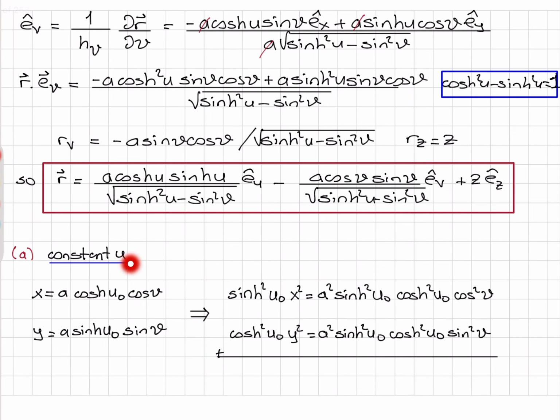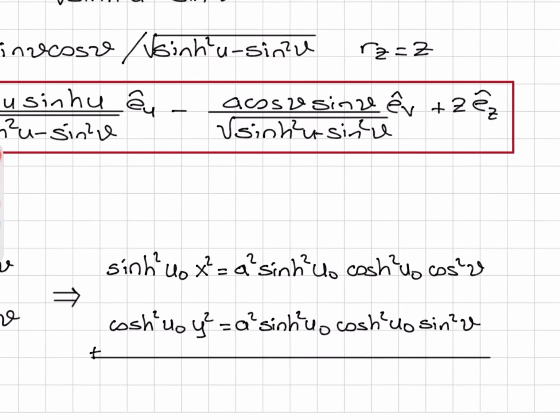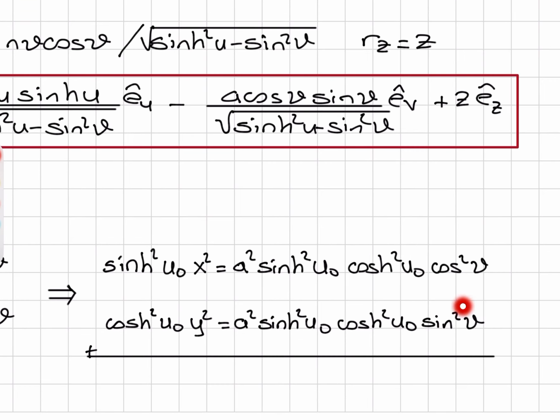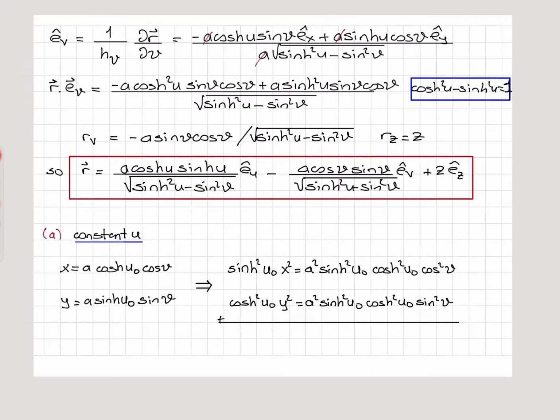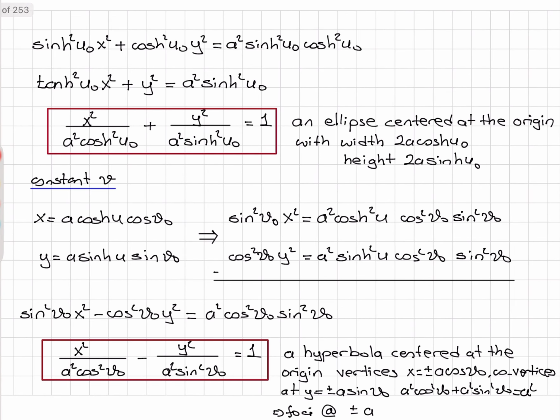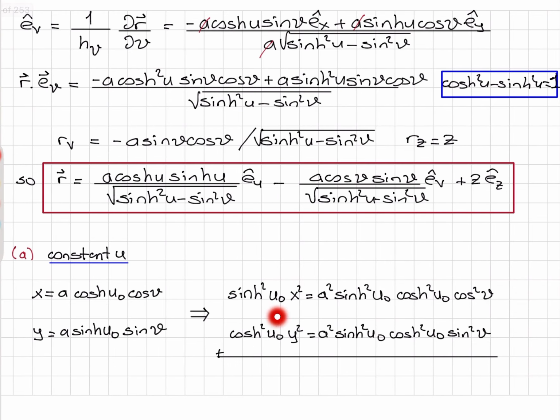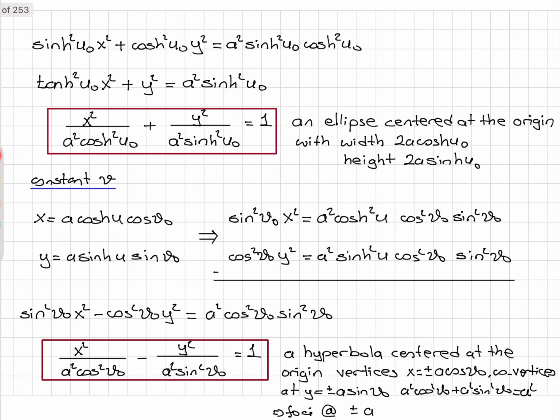So for constant u, I've taken x and y equations, squared them, and multiplied the x equation with sine hyperbolic square and y equation with cosine hyperbolic square. Adding them up, I have cosine square v sine square v with the same prefactor. So it becomes cosine square plus sine square, which is 1. So I'm left with this prefactor here, and this is going to be sine hyperbolic square u0 x square plus cosine hyperbolic square u0 y square.